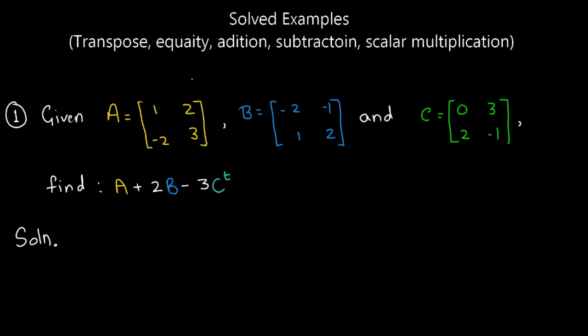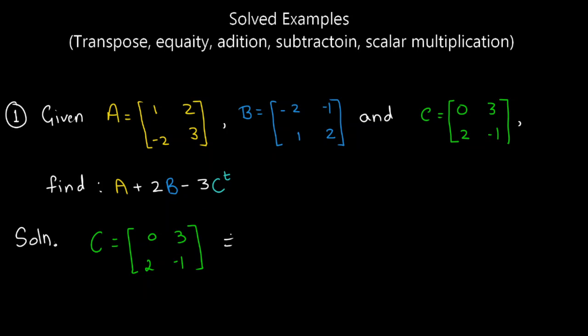The first thing that we would like to do is, since we've been given the value of matrix C, find the value of C transpose. So we know matrix C is equal to [0, 3; 2, -1].